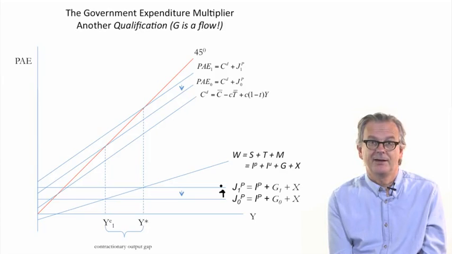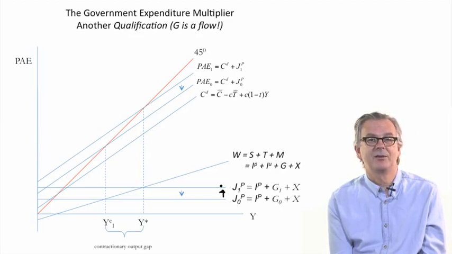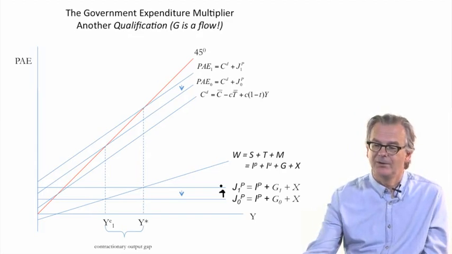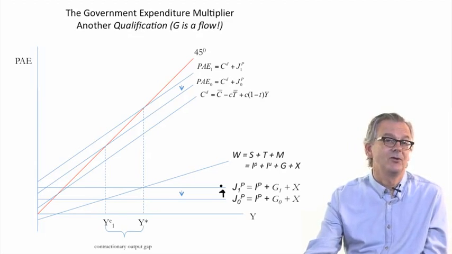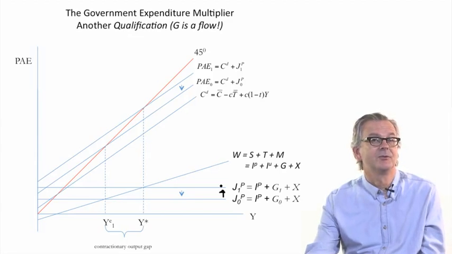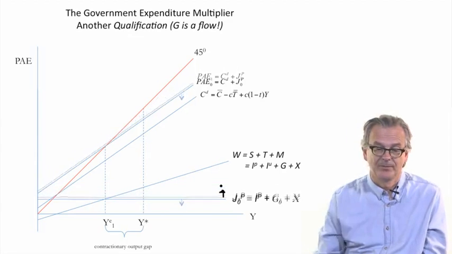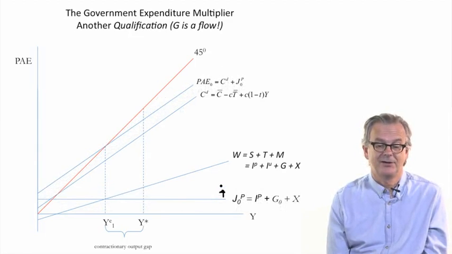Something like this is happening in Europe through the austerity measures, where governments in Western Europe are responding to their high levels of public debt by cutting back now on their government expenditure. But suppose the underlying sources of weakness that got you into the contractionary output gap are still there. Then all that is going to happen as a result of introducing the austerity measures, of reversing the previous increases in government expenditure, is you're going to go back to the contractionary output gap.